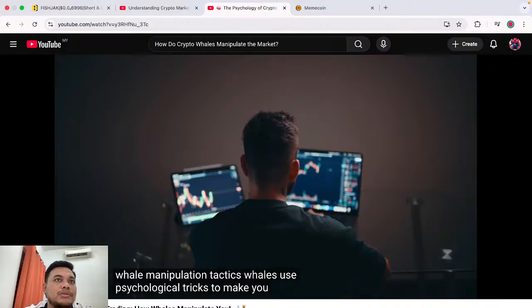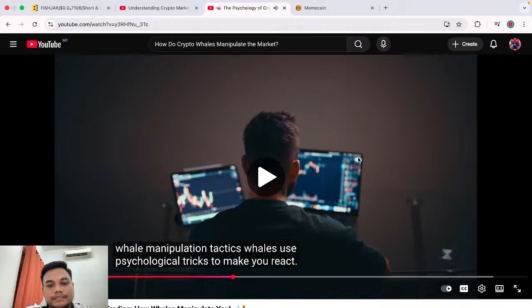Whales rarely buy or sell during the hype. They accumulate silently when nobody is talking about the coin. This phase creates a stair-step pattern or sudden volume surge without major price movement. Recognizing this tells you that the big players expect future hype.